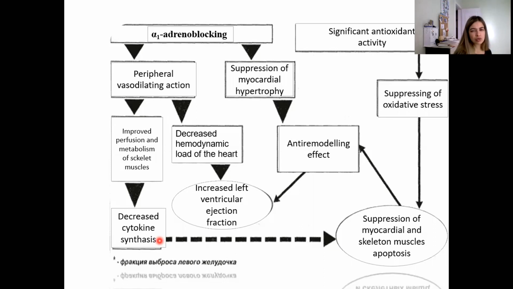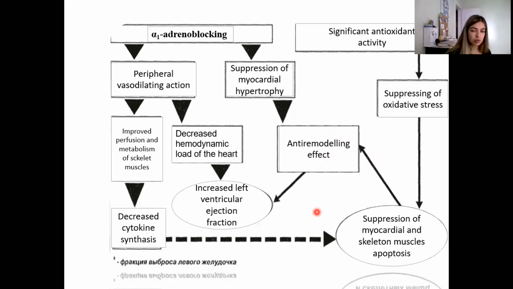This all leads to the suppression of myocardial hypertrophy and anti-remodeling effect. Why is this very important? Because the anti-remodeling effect makes your heart stay normal, because remodeling is the connective tissue forming in the heart.